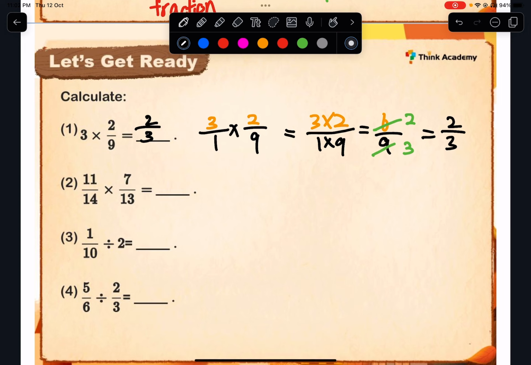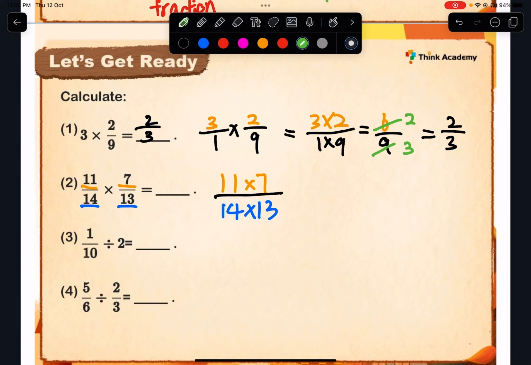Okay, so now let's go on to the second question. What are the two numbers at the top? 11 and 7, right? So we have 11 times 7. And what are the two numbers at the bottom? At the bottom is 14 and 13. So 14 times 13. Okay, so before we do the multiplication, we can actually simplify it first, because after the multiplication the numbers get bigger, so you may not be able to see what the common factor is. But when the numbers are small, you can see the common factors quite easily.